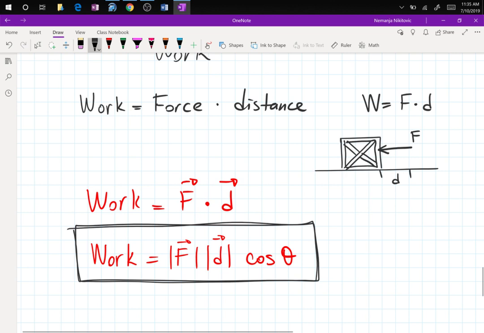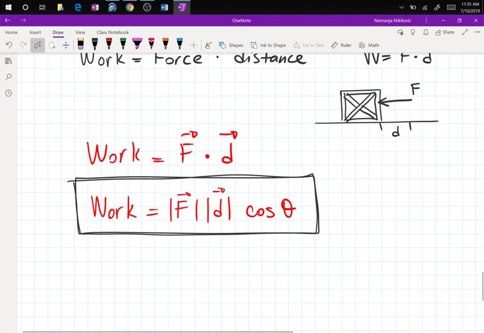So let's take a look at a word problem with a constant force. Now, if you don't want a constant force, you can involve integration and calculus.